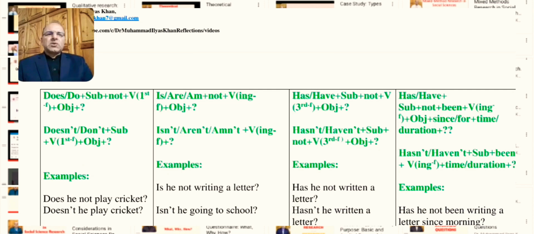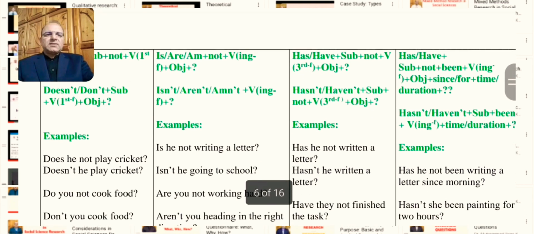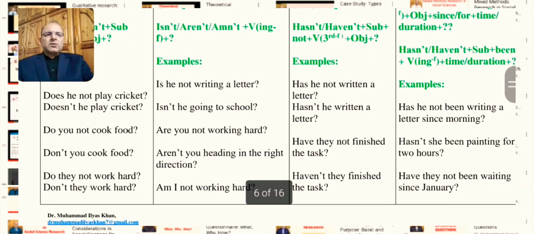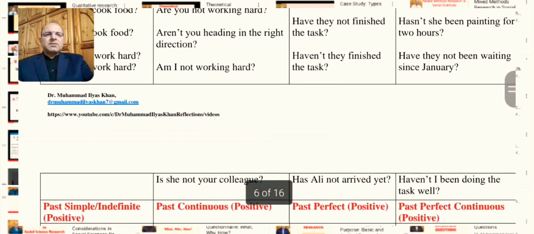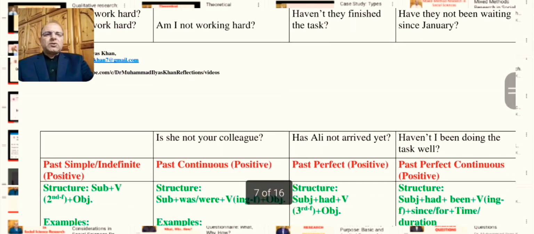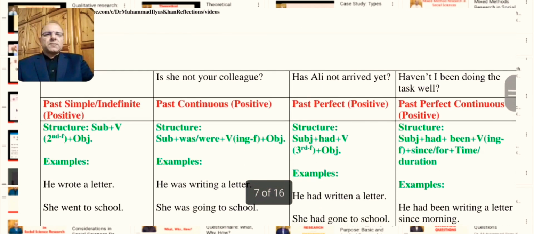You can scroll down and scroll up several times in order to get the structure of these four types of the interrogative negative form of the present tense with these examples.